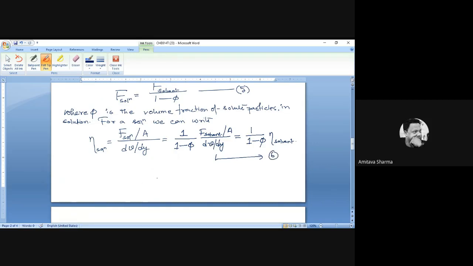Since we know that volume fraction is smaller than 1, as definitely it should be smaller than 1 because it's a fraction, it's not the total volume. So I can say eta of solution is greater than eta of solvent.